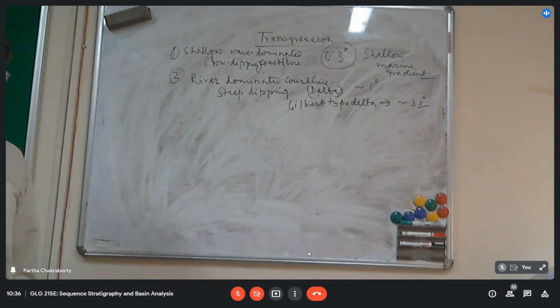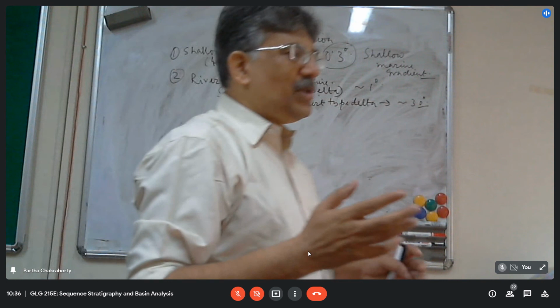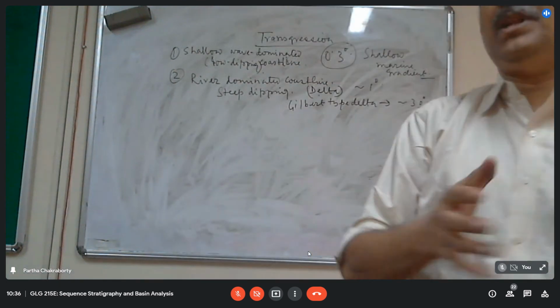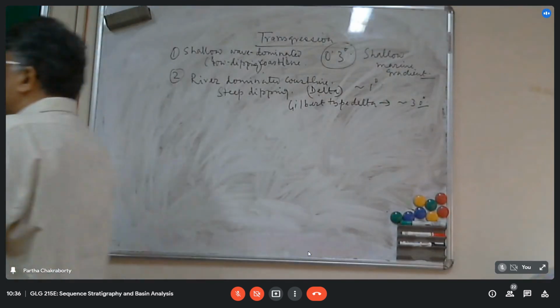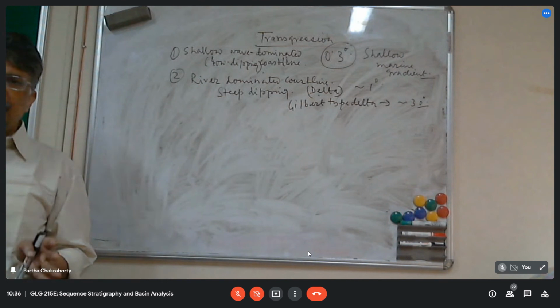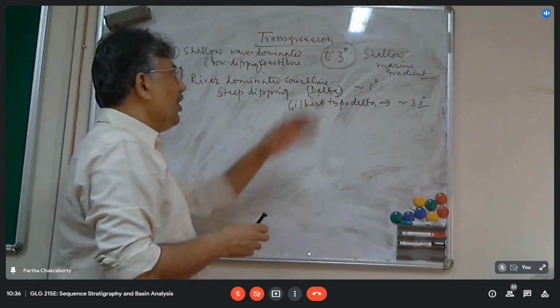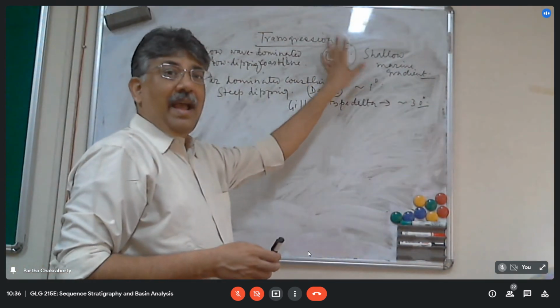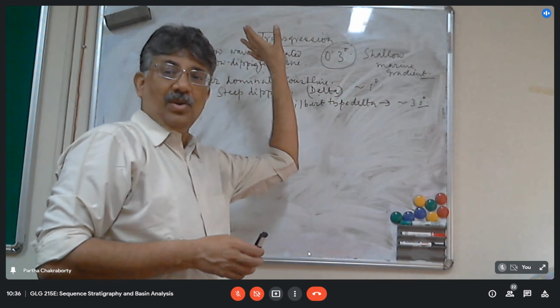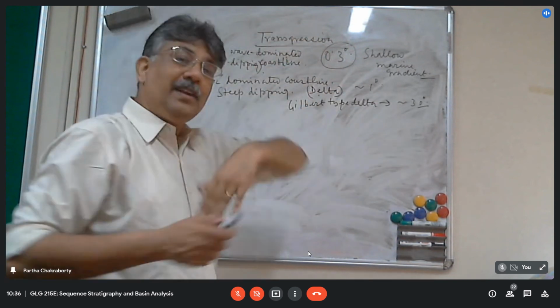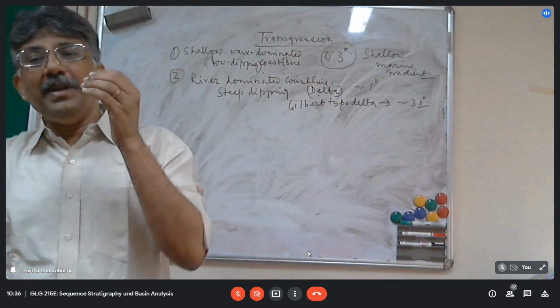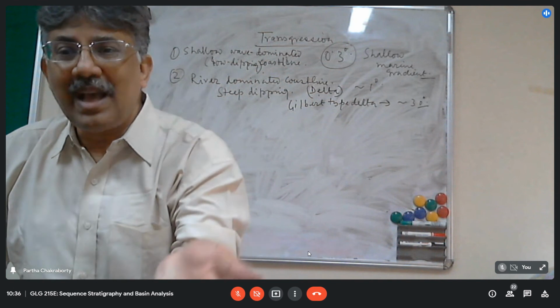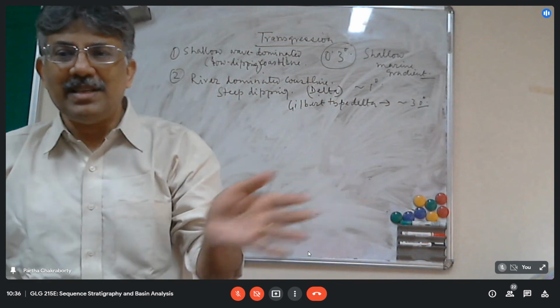So you can understand the difference between a wave dominated coastline and a river dominated coastline. In a wave dominated coastline, it is more gentle and there is more wave. So the effect of transgression will be different in the two cases.